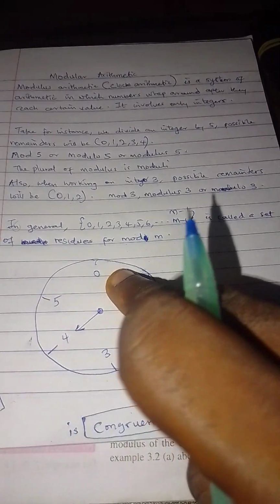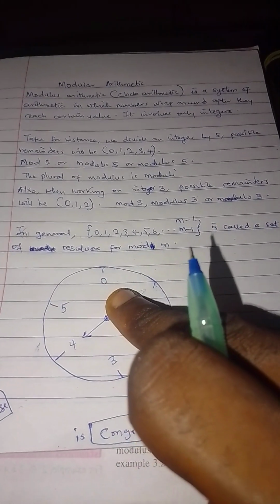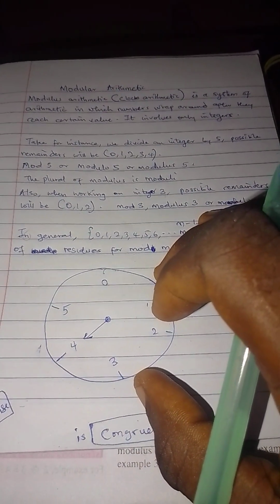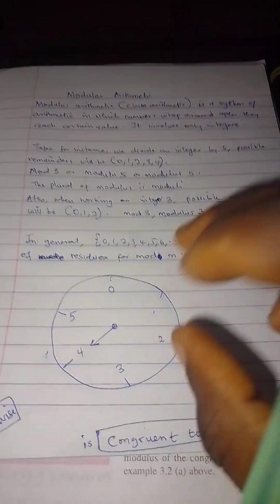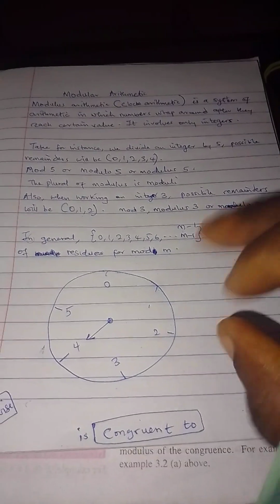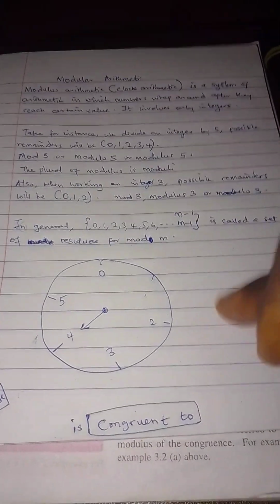So it will wrap around after it reaches a particular value. That's for this chart. In some charts, it will wrap around at 2, in some at 9, and like that, depending on the mode you are working on.